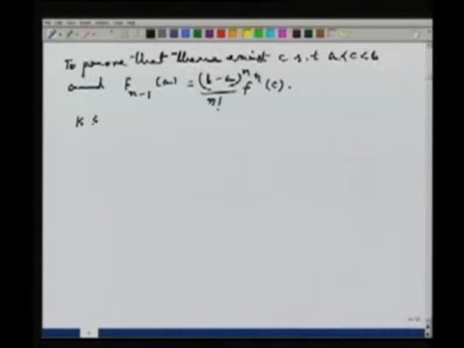So for k less than or equal to n minus 1, I define a function F_k analogously as the previous one.